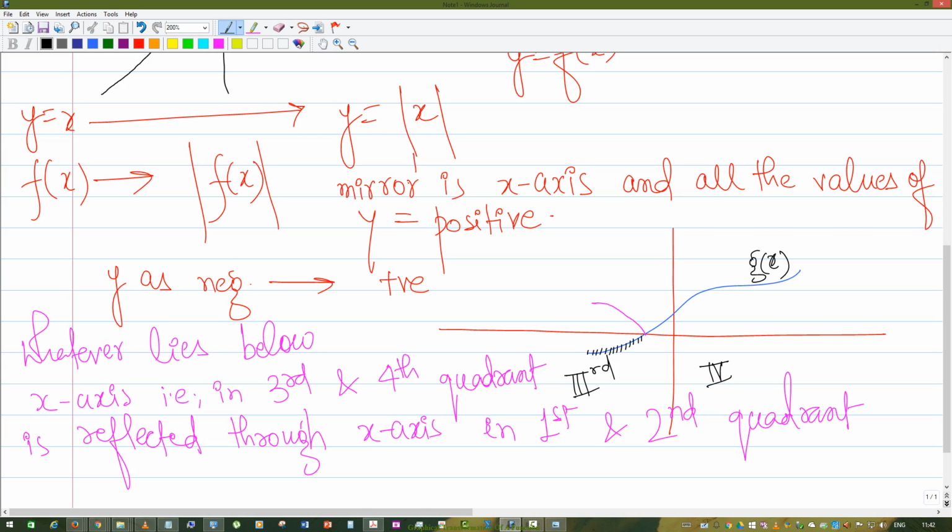So it has to be reflected through the mirror, which is the x-axis. We have taken its image, which is in the second quadrant. So now what we will do is we will just erase it. Okay, so we will selectively erase it.